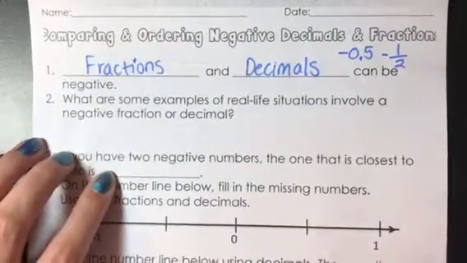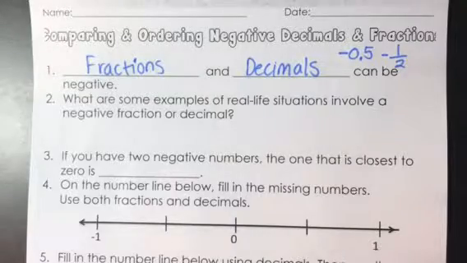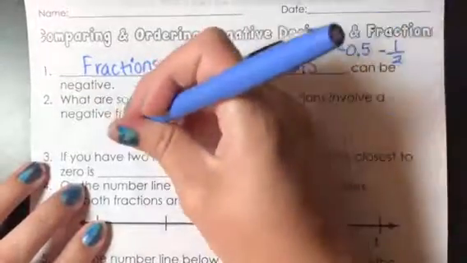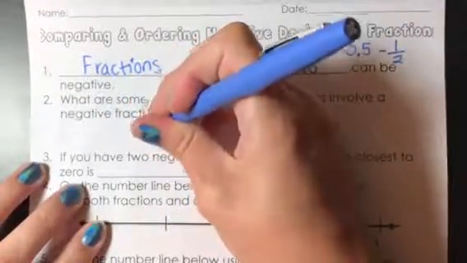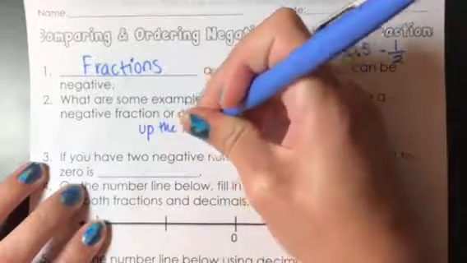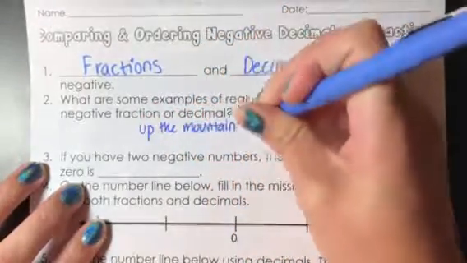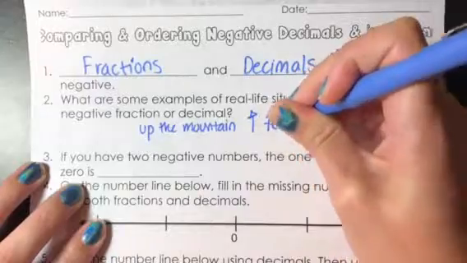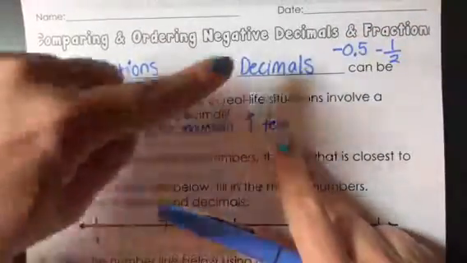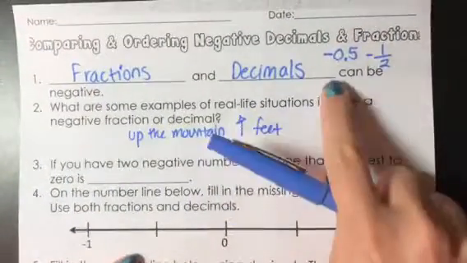What are some examples of real-life situations that involve negative fractions or decimals? When we talked about going up the mountain, going up a number of feet, you don't take giant steps where it's 1 foot, 2 feet, 3 feet. You might go half of a foot.